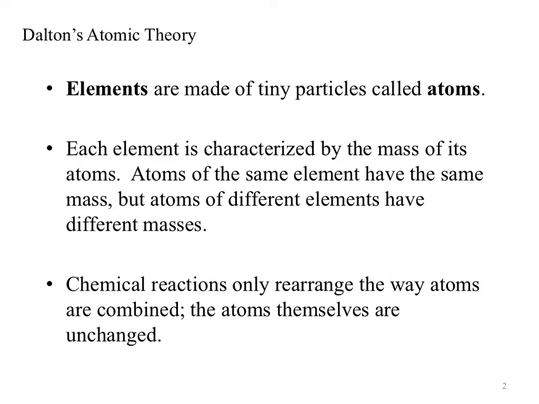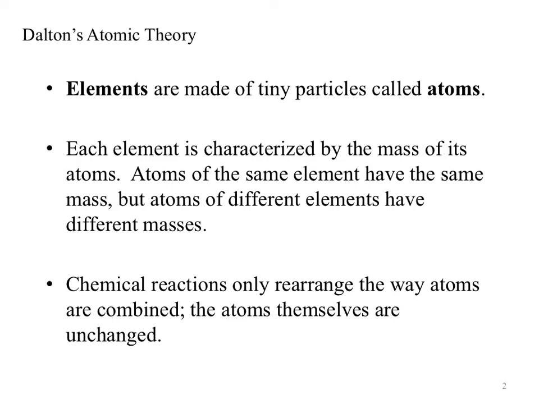Of course, now we know that atoms contain electrons and protons and neutrons, and upon a fission reaction, for example, you can actually break an atom into other particles. So that particular postulate was proven wrong.